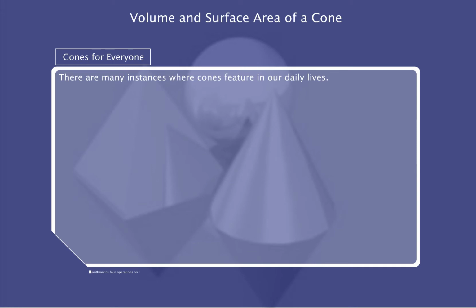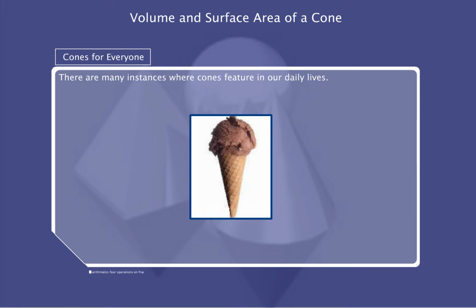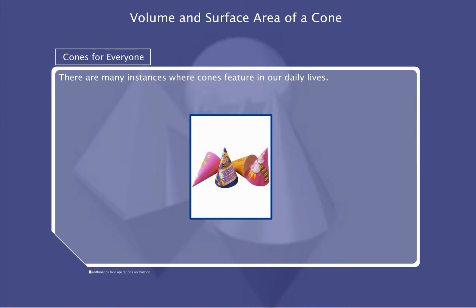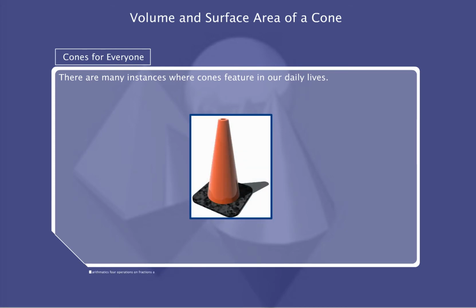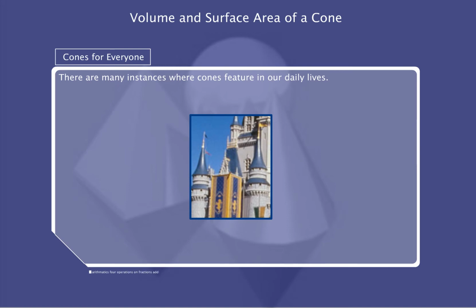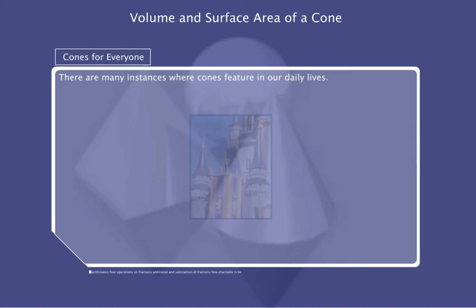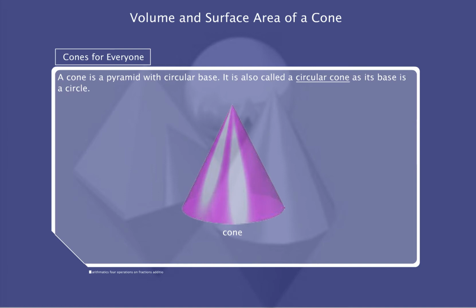There are many instances where cones feature in our daily lives. A cone is a pyramid with circular base. It is also called circular cone, as its base is a circle.